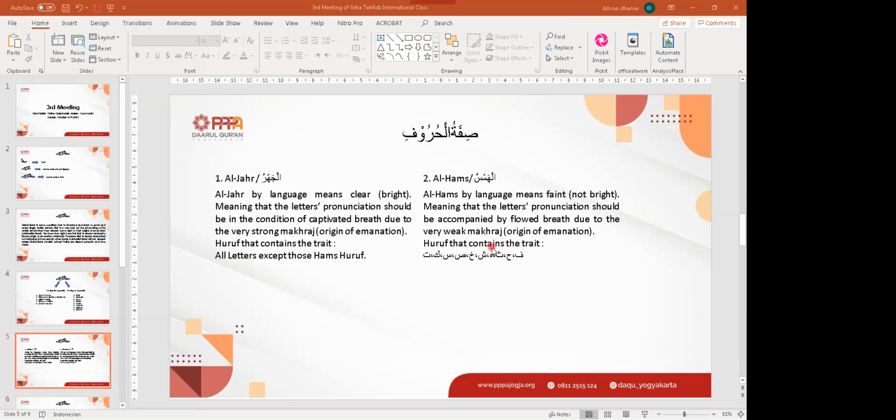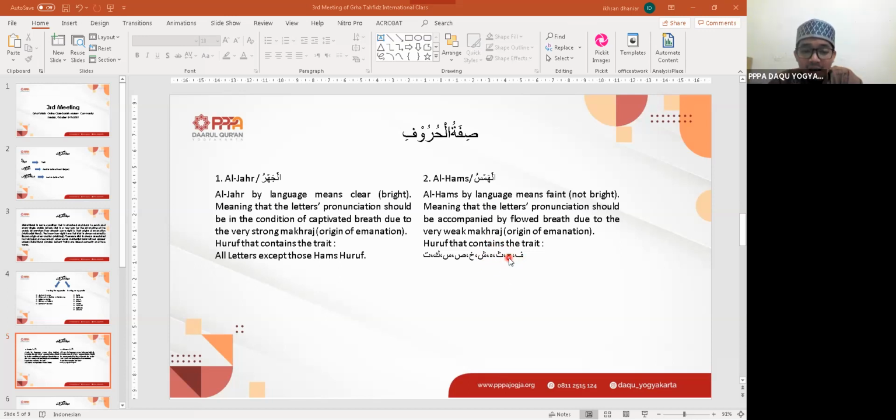How do you pronounce the big ha, Ustad? It's ha, ha. It emanates right from your middle throat. And this ha, which looks like a circle, emanates from your base throat, the bottom of your throat.